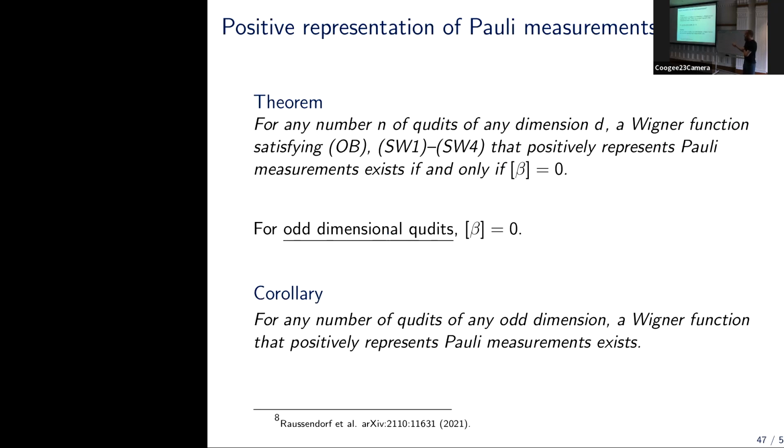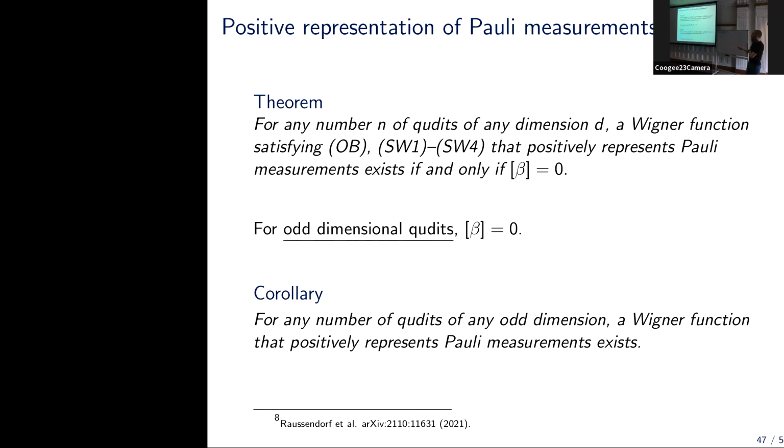And this is exactly what tells you whether or not there exists a Wigner function that represents Pauli measurements positively. So for any number of qudits of any dimension d, for a Wigner function satisfying those 5 properties, there exists a Wigner function that positively represents Pauli measurements if and only if the cohomology class of beta is trivial. And so for odd dimensions, it is trivial, and so such a Wigner function does exist.